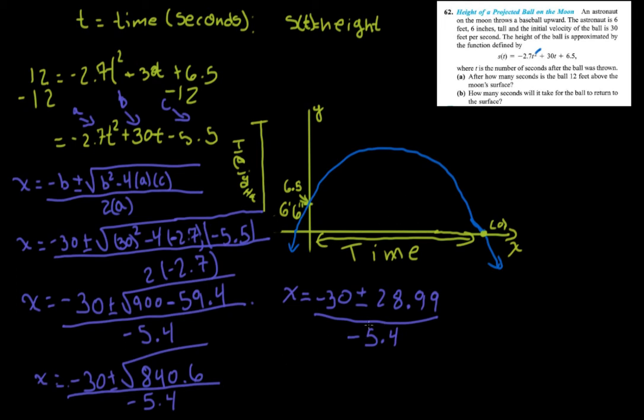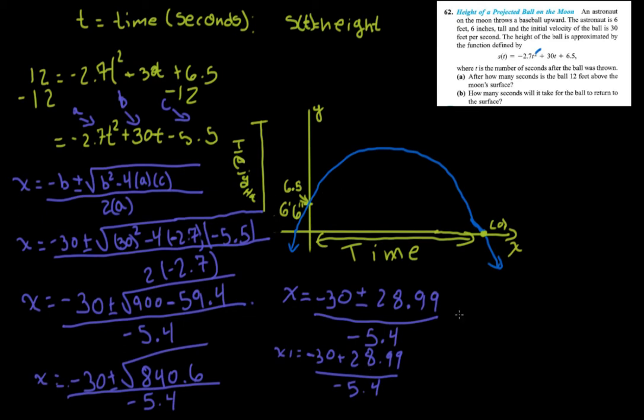So now we say that x1 equals negative 30 plus, because we're using the plus, 28.99, all that divided by negative 5.4. But that doesn't mean, because I'm using this plus here, that all my values will be positive, right?